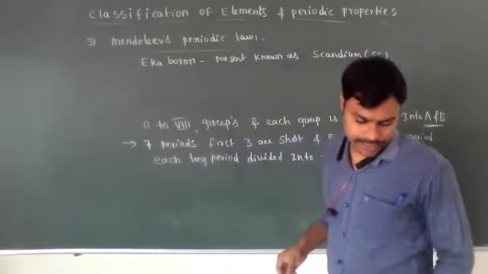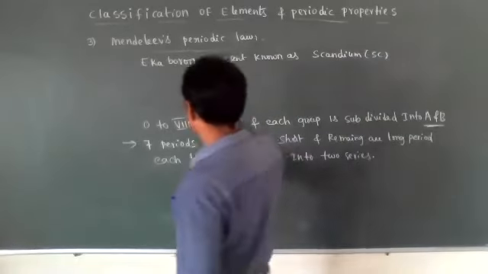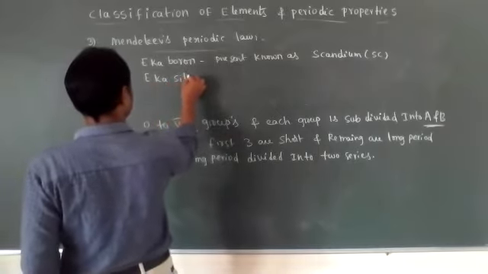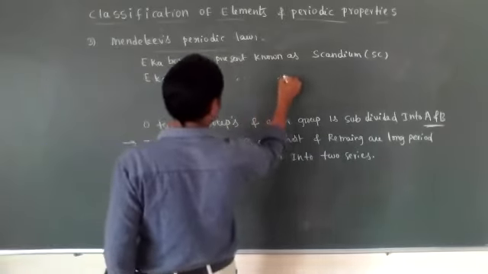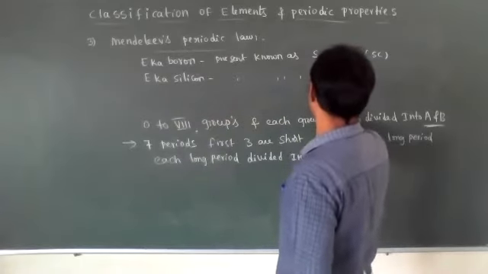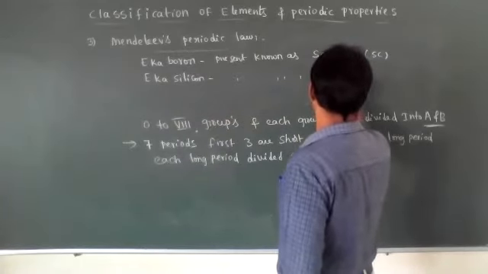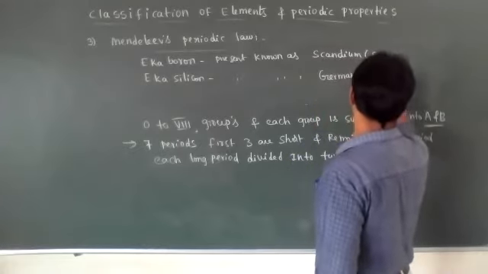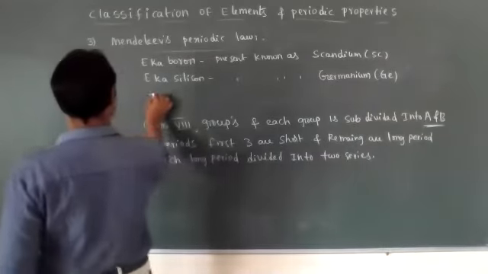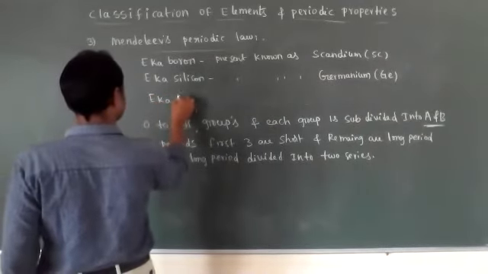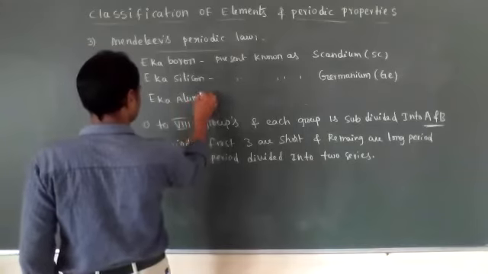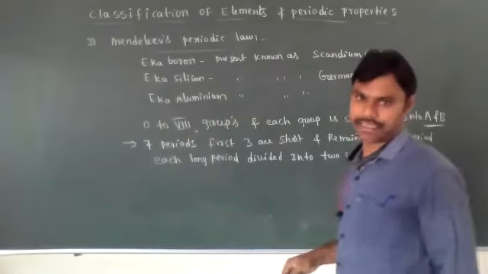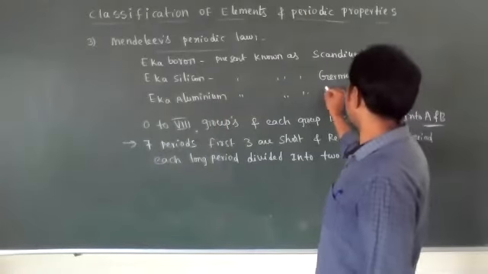Next, eka-silicon. Nowadays eka-silicon is nothing but germanium, Ge. Next, eka-aluminum. The eka-aluminum we now call gallium.